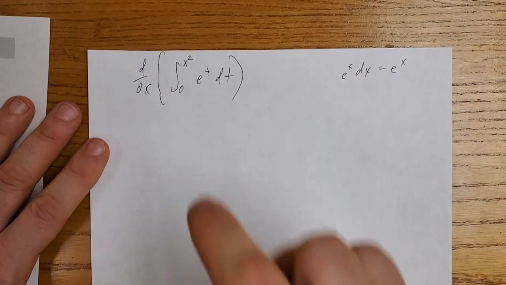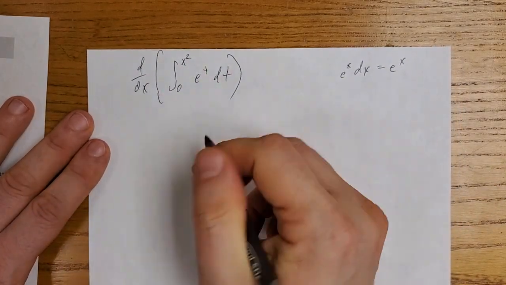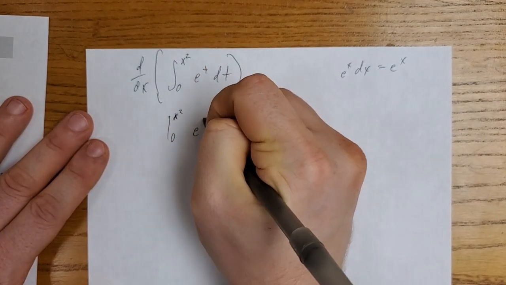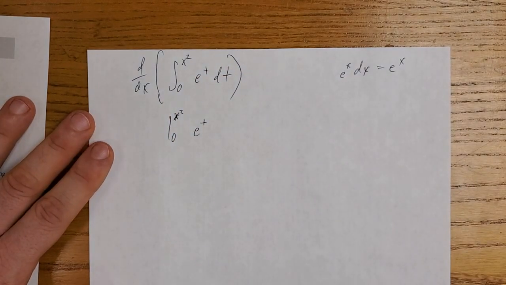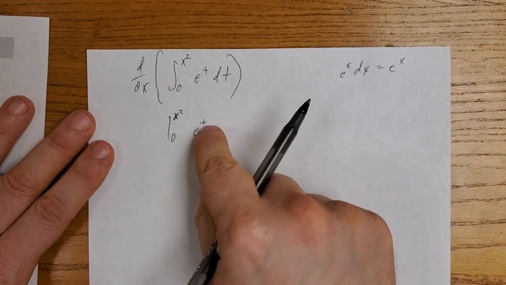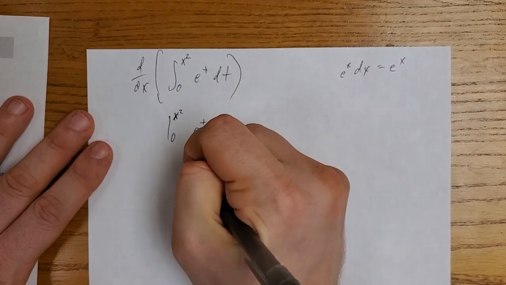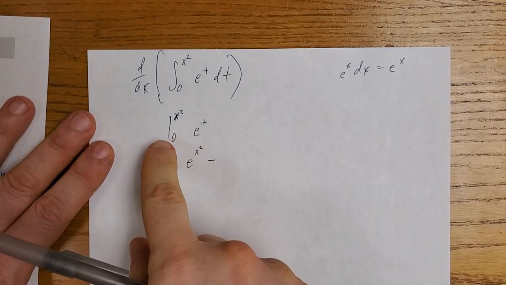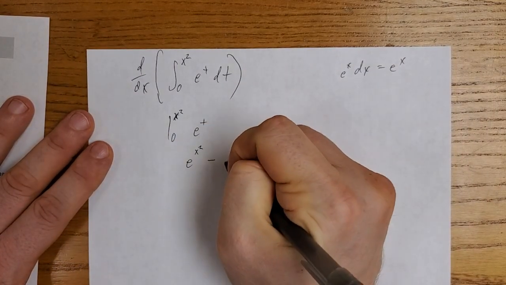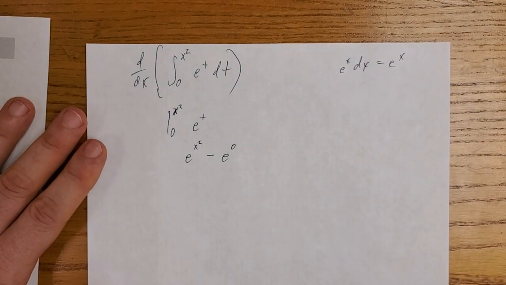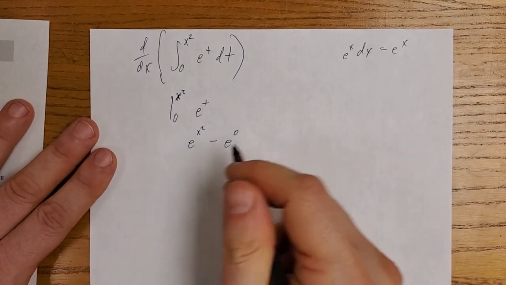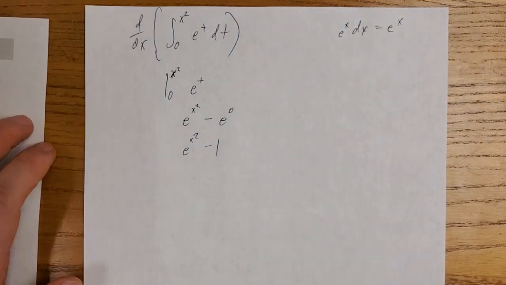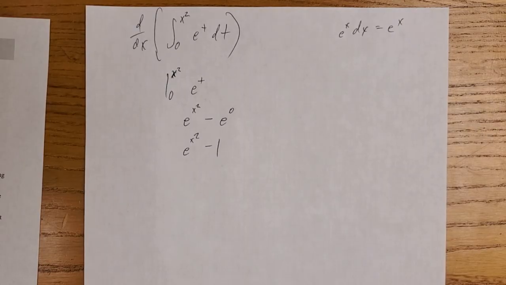So if we were to do a definite integral for that, same way we would ever do it, we take the upper bound and plug it in for the variable, e to the x squared, and then we subtract, filling in the lower bound for the variable, e to the 0 power. And we also know anything to the 0 power equals 1, so we can do that right away. e to the power of x squared minus 1.